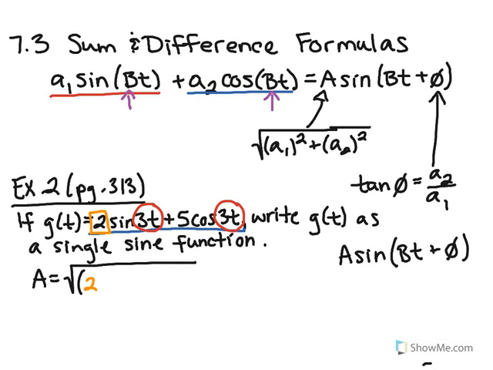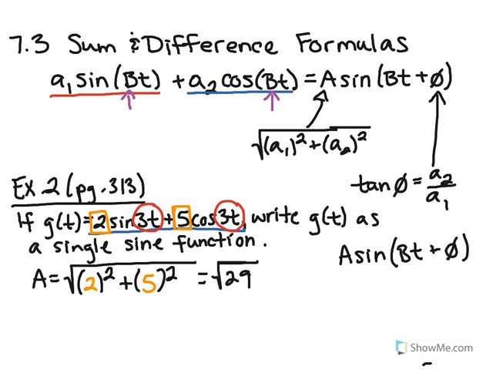So 2, and I'm going to square that, and then I'm going to add that to A2, which is 5, and we're going to square that as well. So that gives me the square root of 4 plus 25, so that's 29. And since that's a prime number, I'm going to leave that just as it is. So we now have A.